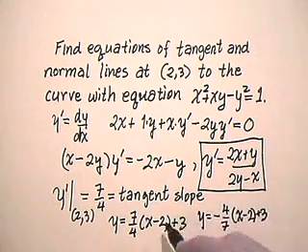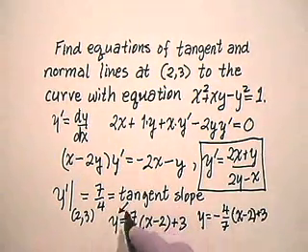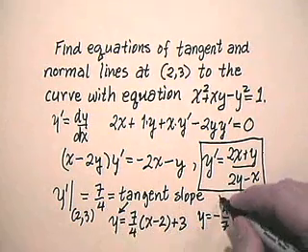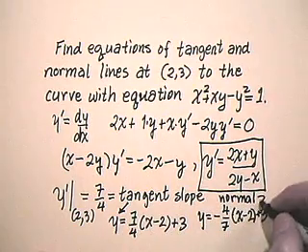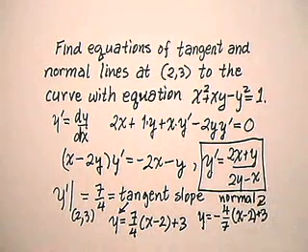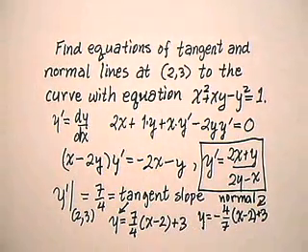So here's the tangent line, and here's the normal. So there's the answer to our question. Notice it falls right out from implicit differentiation.